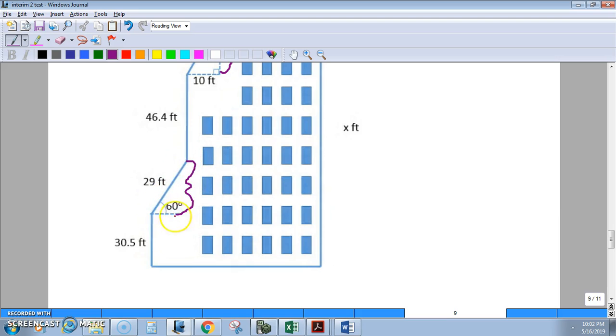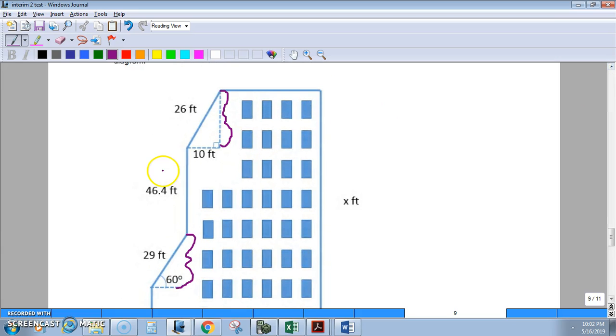Okay, and we can do that with the special 30, 60, 90 triangle, which you need to make sure you have all that stuff in your notes for our final. So this is going to be 10 squared plus x squared, that's what I'm looking for, equals 26 squared. So whatever this is, it's going to be 26 squared minus 100.